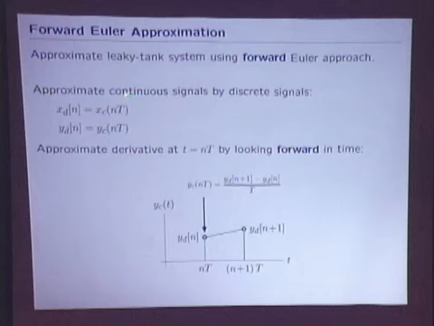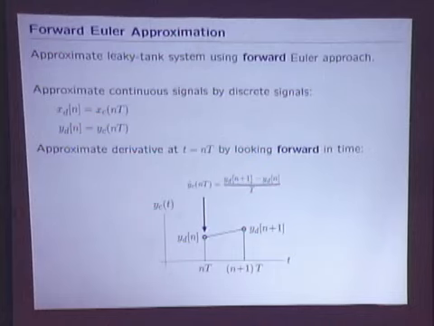What I'm trying to do is get some new perspective by thinking about all those representations of the answer that you already derived in homework 1. If I wanted to represent the leaky tank system by a difference equation, one way to get the difference equation is to make an approximation to the derivative based on differences.